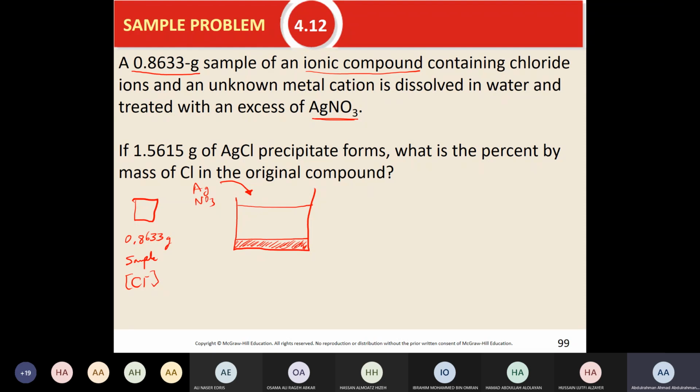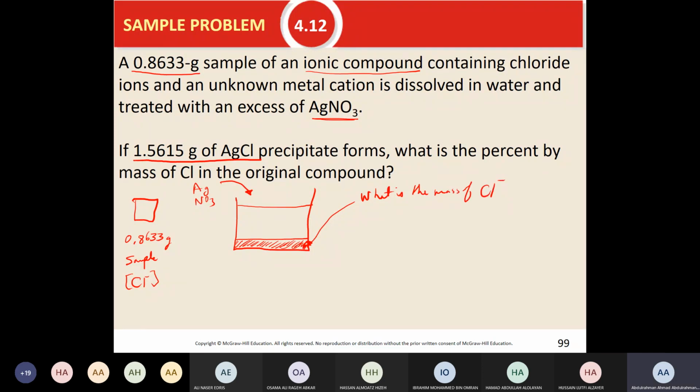Clear? So this is AgCl. I found that the mass of AgCl is 1.5615 gram. First question is, what's the mass of chlorine in this precipitate?